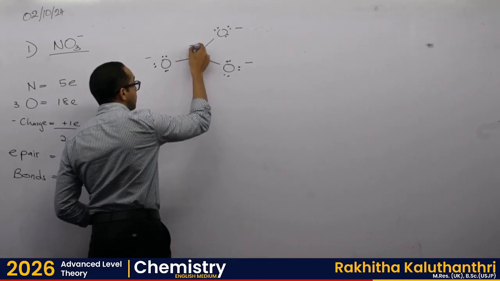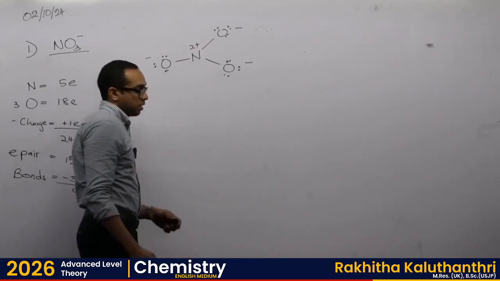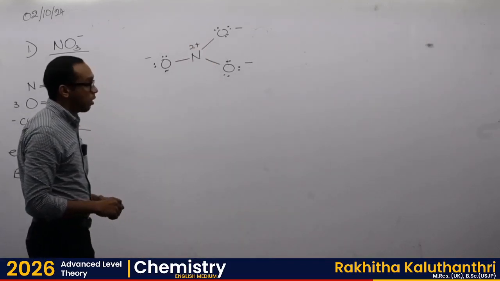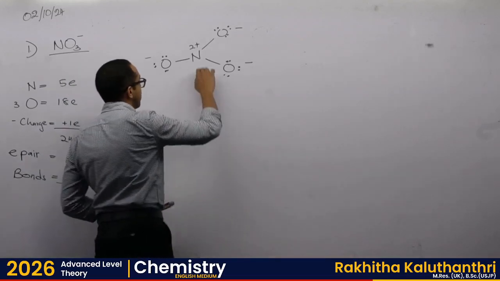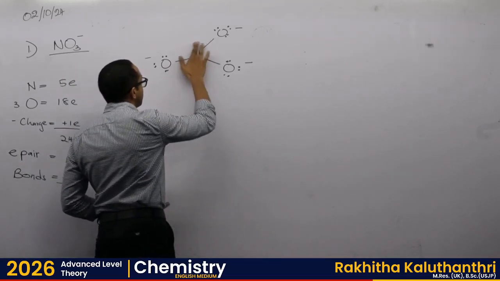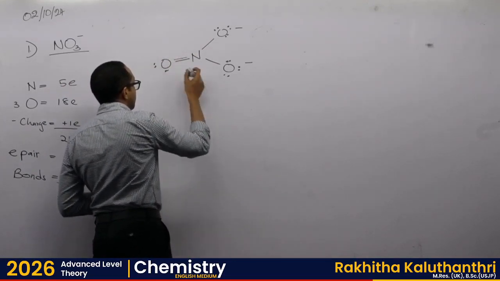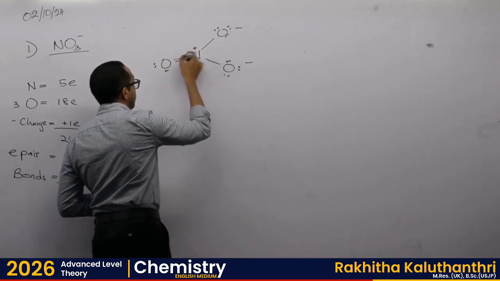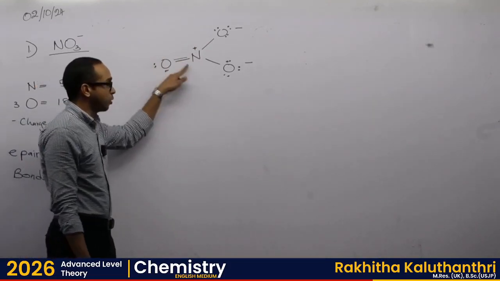So therefore 2 positive charge is found around nitrogen. So you would have tried to minimize this nitrogen charge by converting one of the lone pairs into a bond pair of oxygen. Sorry, lone pair into a bond pair.